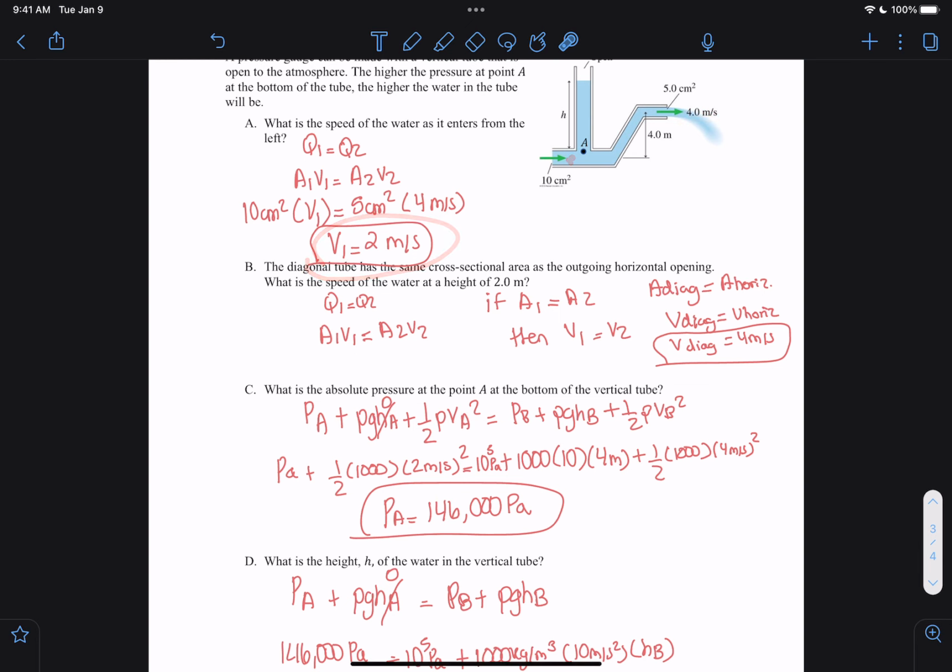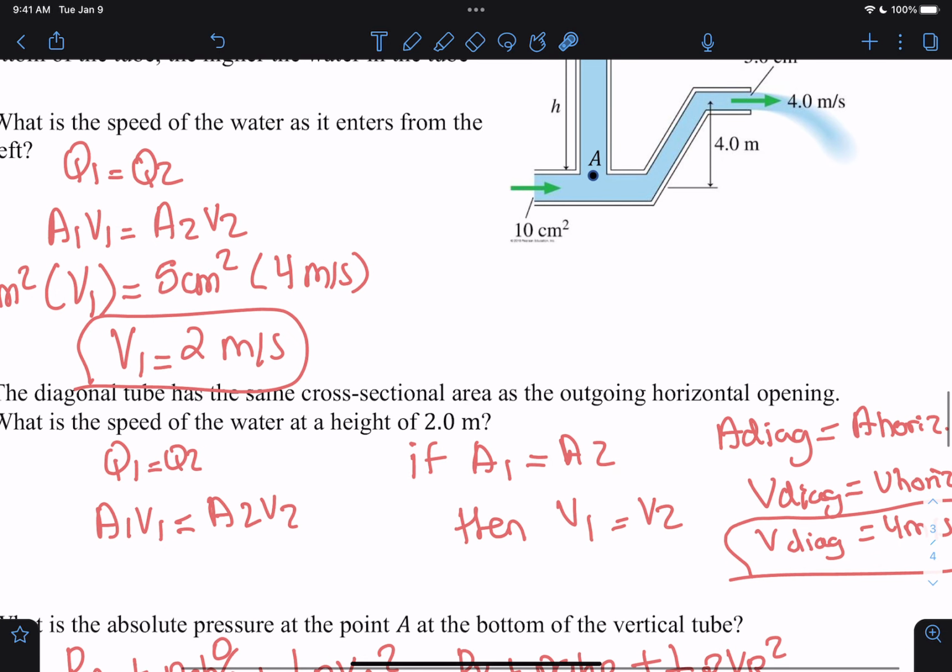At the beginning here. Now, we're trying to figure out the new VB. However, if the VB changes, then the VA also has to change, right? Now, what remains constant?